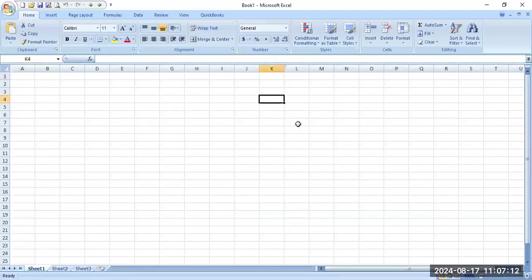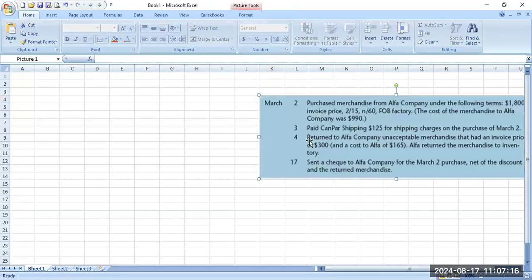Still having a problem with this Excel. For some reason, the Excel doesn't share when I open it. Let me try again to share this Excel spreadsheet. Yesterday, I had the same problem with another group. Oh, there we go. Now it's here. Can you guys see my Excel spreadsheet?